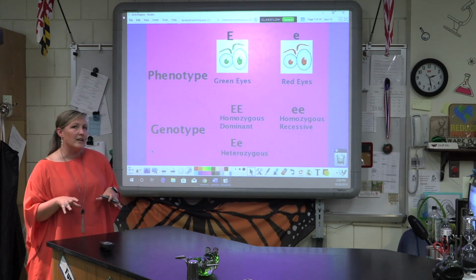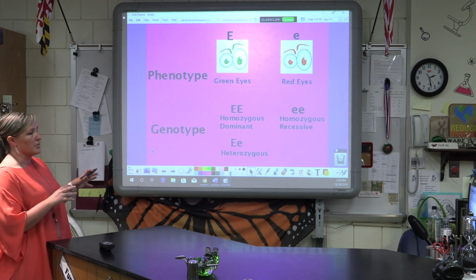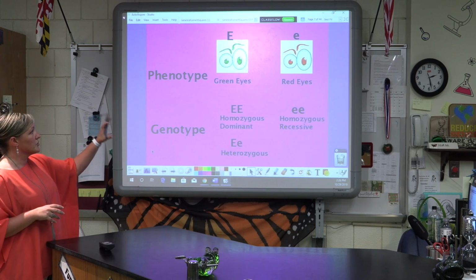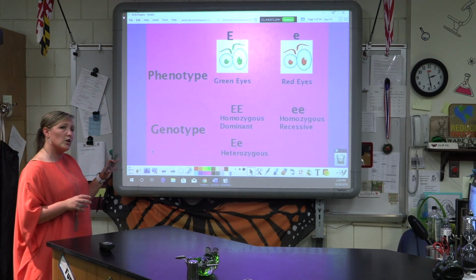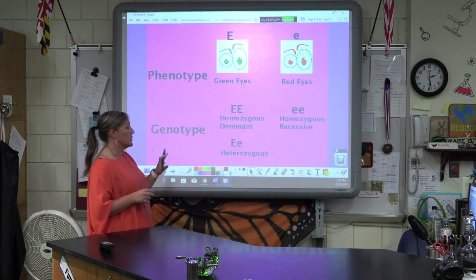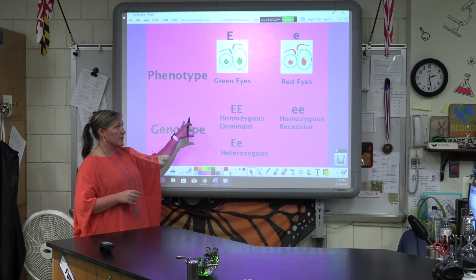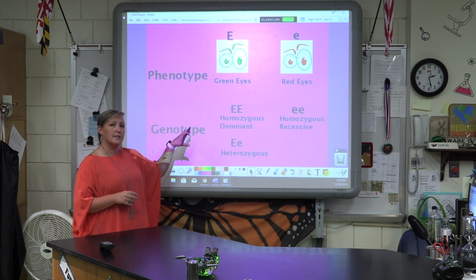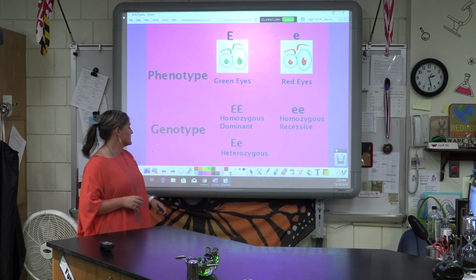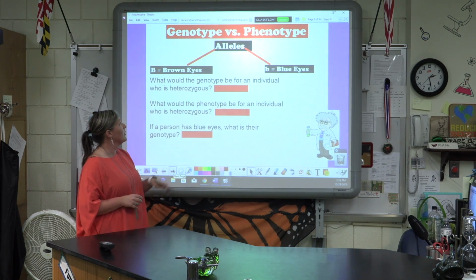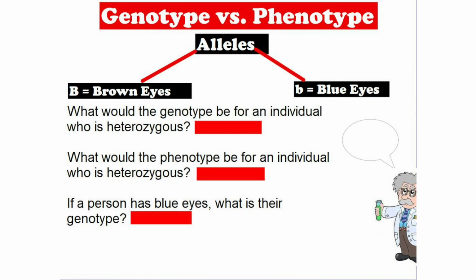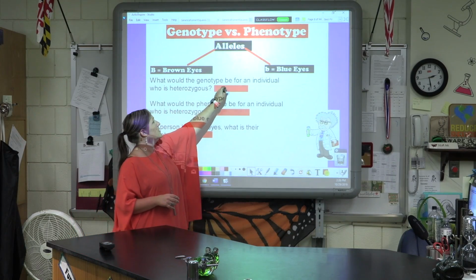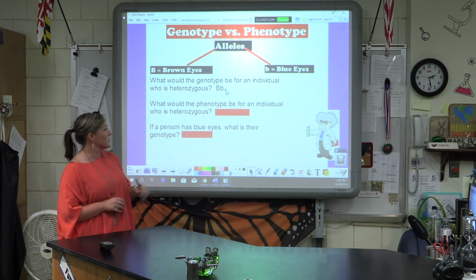These are key to being able to do Punnett squares. If your children are struggling with this, make sure they go back and they do more review with their vocabulary. Vocabulary is absolutely necessary to do Punnett squares. So, what would the genotype be for an individual who's heterozygous? If we've got brown eyes and blue eyes, heterozygous.